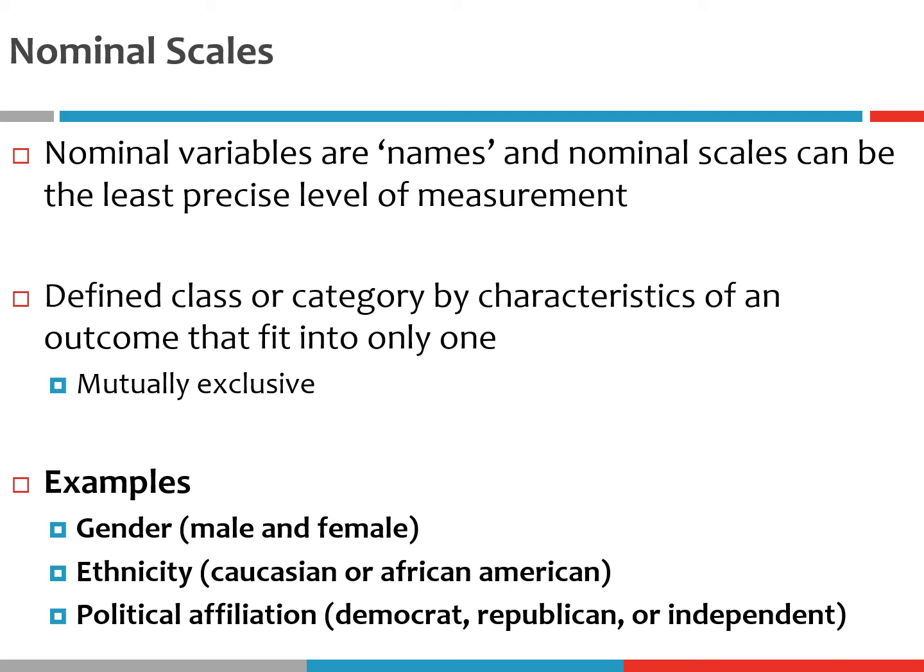It might include political affiliation, which could be Democratic, Republican, or Independent. So most of the time, nominal variables are what are called dichotomous variables, which means they have only two levels, but it's theoretically possible to have more than two. So you might have one categorical variable with 7 different levels, okay? So usually they're 2, but they can go beyond that.